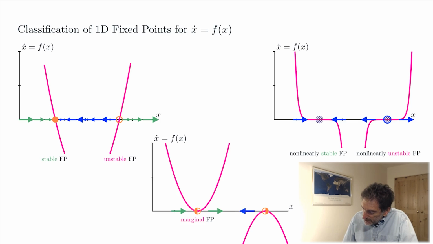To the right of the fixed point, the flow is again negative, and so if I start to the right of the fixed point, I'm drawn towards it, so now the stable side is to the right, and if I'm just to the left of the fixed point, I'm pushed away from it, so that's the unstable side. And so this is another marginal fixed point. So these are the 6 types of fixed points that can exist in a one-dimensional system.